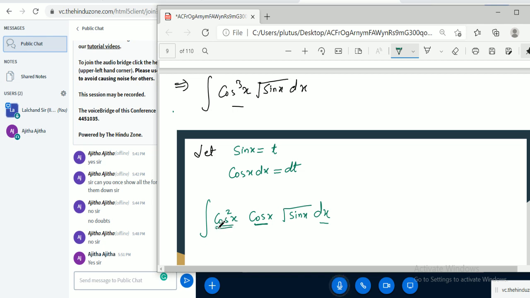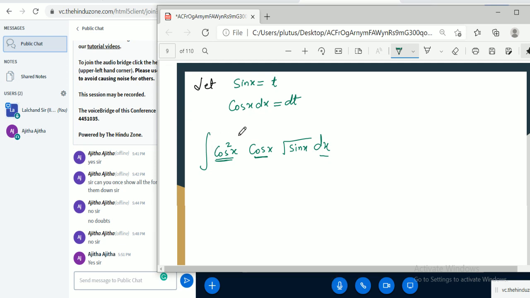How can we write this term in terms of sin x? So we can write cos square x as 1 minus sin square x. If we rearrange again, then 1 minus sin square x into cos x square root of sin x into dx, isn't it?